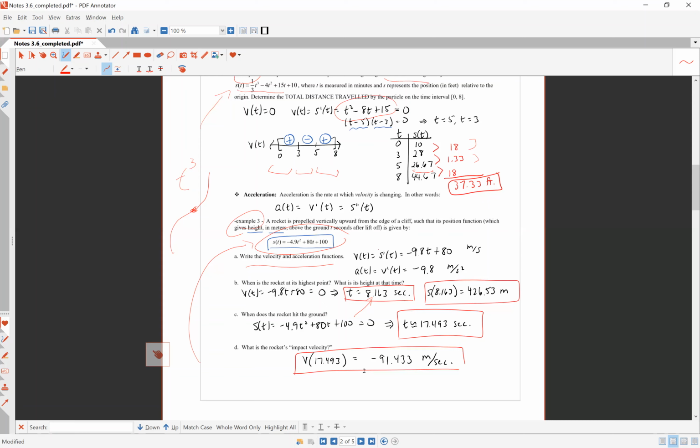When it hits the ground, it's going at a negative 91.433 meters per second, but the speed is 91.433 meters per second. If someone says, how fast, what is the velocity when we hit the ground? If you were speaking, we'd be talking about the speed, not the velocity, right? Typically when you say how fast something is going, even in casual language, we really are talking about the speed.